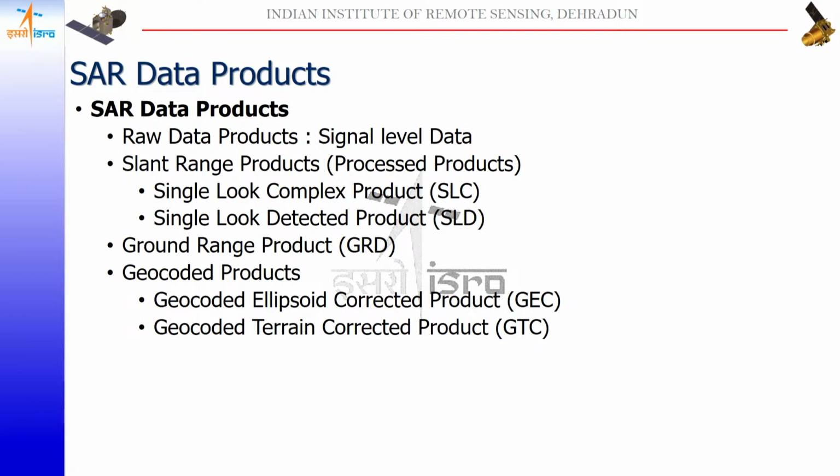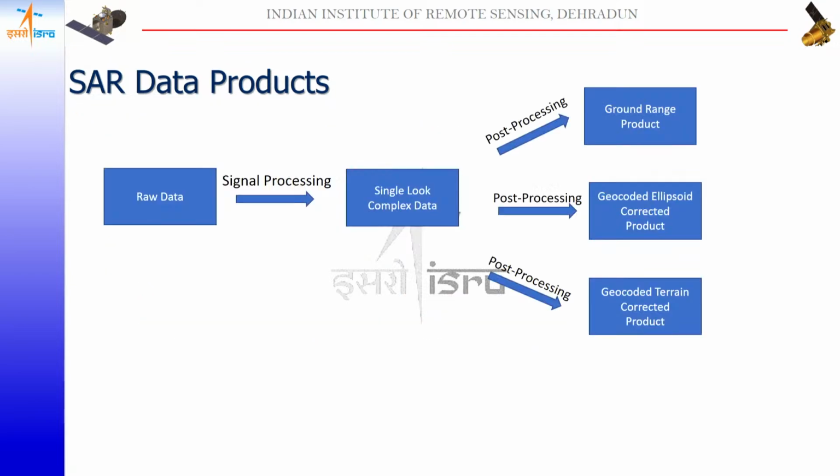And after that we have the geocoded products. So one by one I will tell you what the different products are and what data processing is actually done to get the different products in SAR. So you can see in SAR, first we have the raw data and we apply some signal processing technique so that we can convert to the single look complex data, which is called the slant range product.